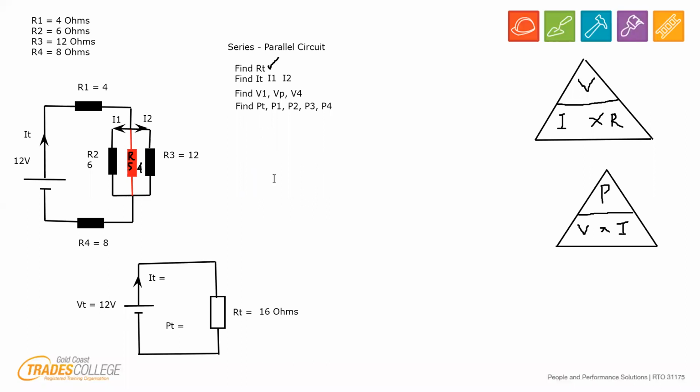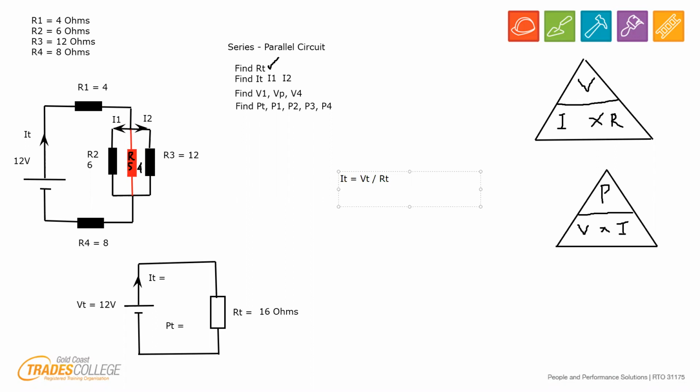So I want to find IT. My IT, my current total, which is measured in amps, is going to be my VT, because it's a total value, divided by RT. Do we have those values? Yes, we do.